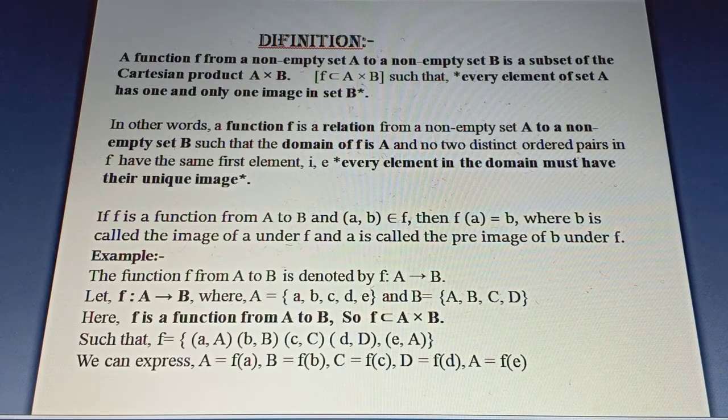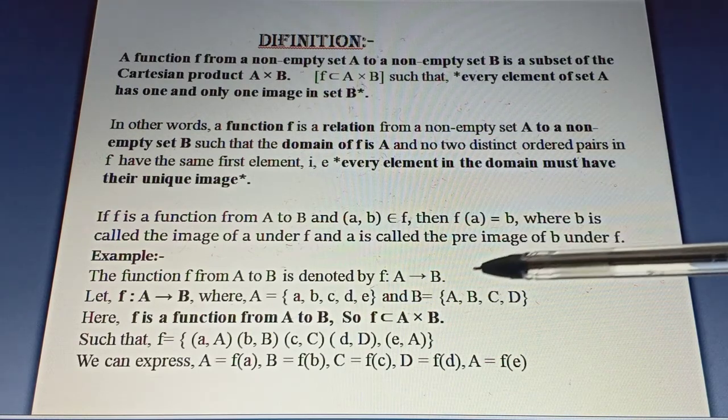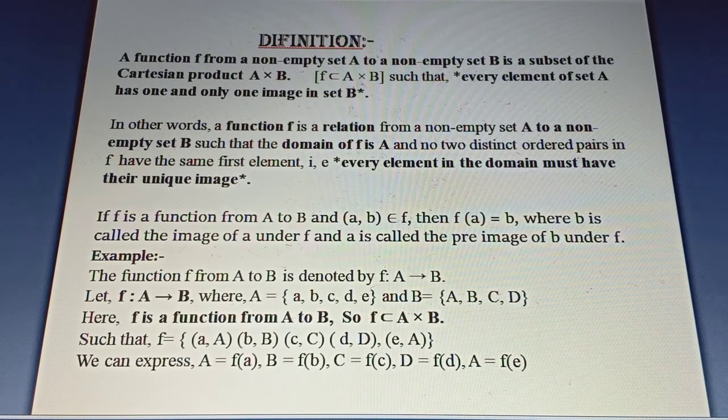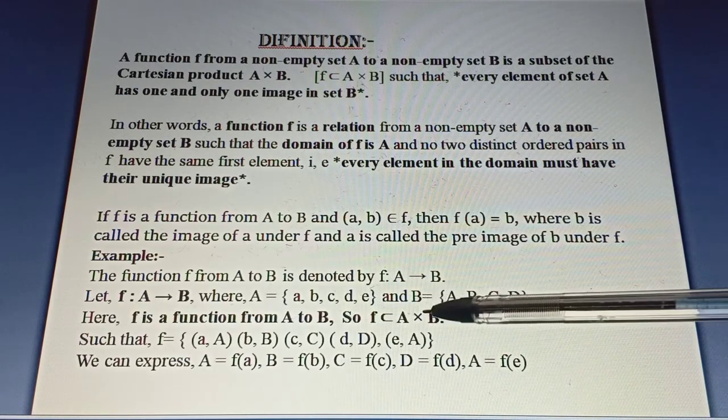A function f from A to B is denoted by f: A to B, where the elements of capital A are small a, b, c, d, e, and the elements of capital B are capital A, B, C, D. Now since f is a function from A to B, f must be a subset of A cross B. Here are some elements taken.